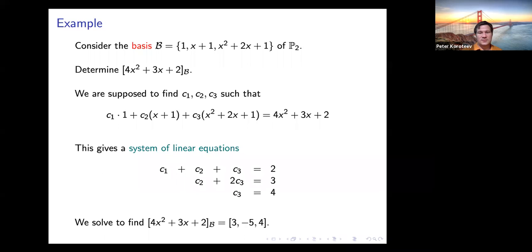You can solve them to get c_1 equals 3, c_2 equals -5, and c_3 equals 4. You can check that this is a solution, or you can solve it by yourself. The matrix is already in echelon form, though not in reduced echelon form yet. I hope you can find the solution easily.